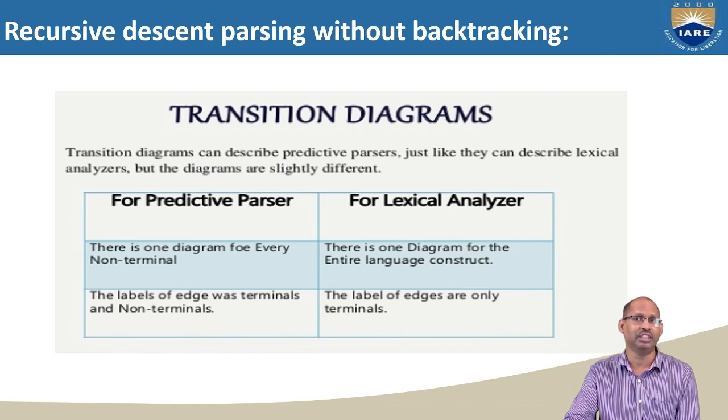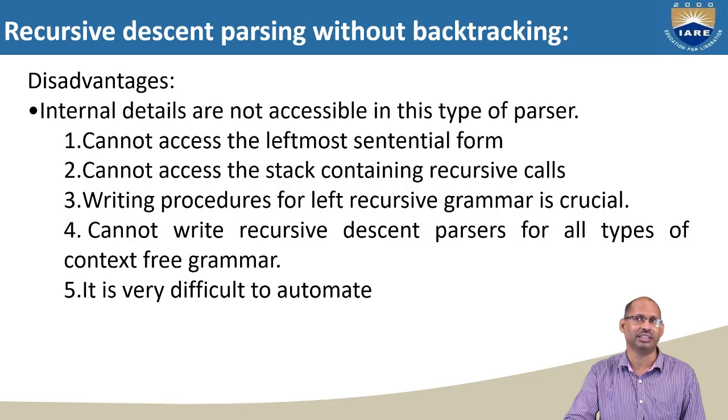Here in these transition diagrams, the labels are terminals and non-terminals, but in the lexical analyzer, the labels of edges are only terminals. That is the difference in using transition diagrams between the parsing methods and lexical analysis.